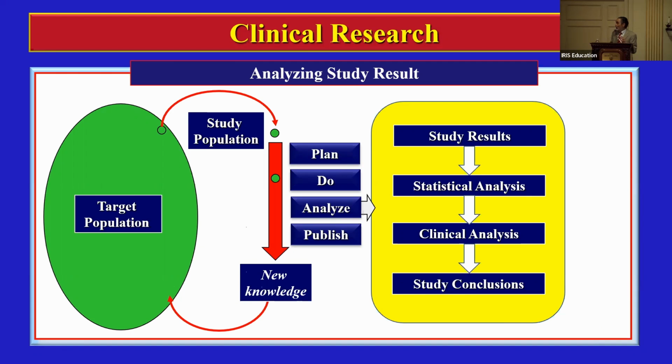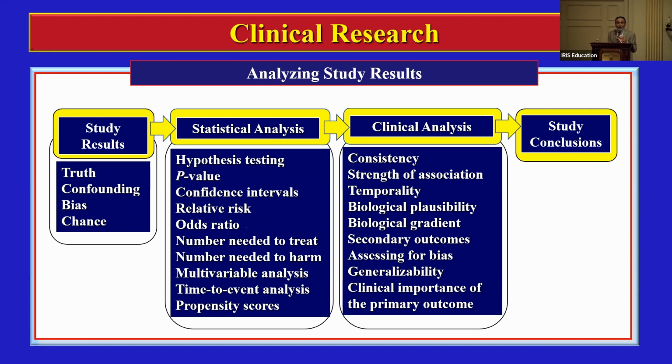Now, we mentioned that with the statistical analysis, there are a lot of tests that you can do. I mention here probably the most common tests that we do in clinical research. You have books of statistical tests, but hypothesis testing and the p-value give you the consideration of what is the possibility of chance in your study.